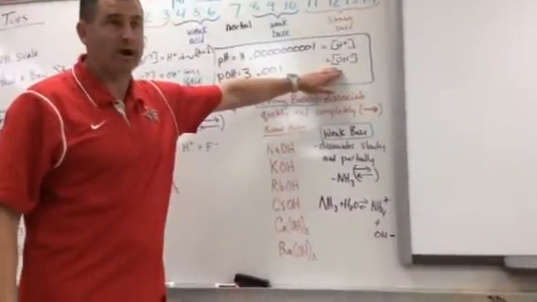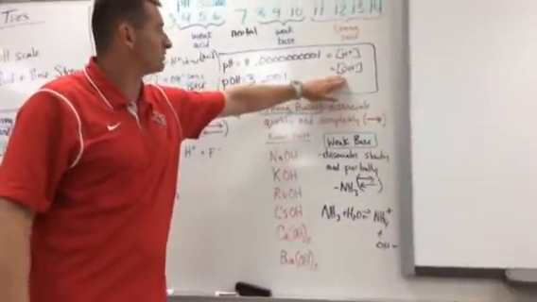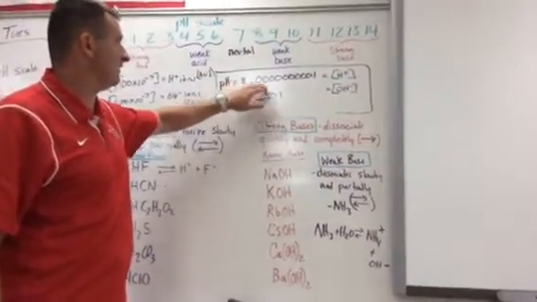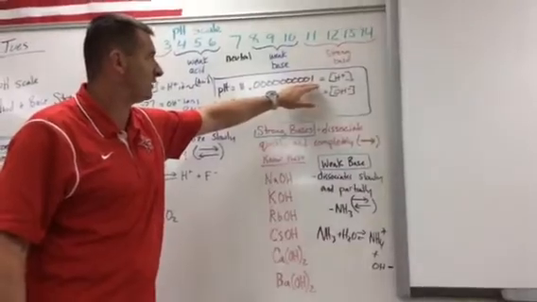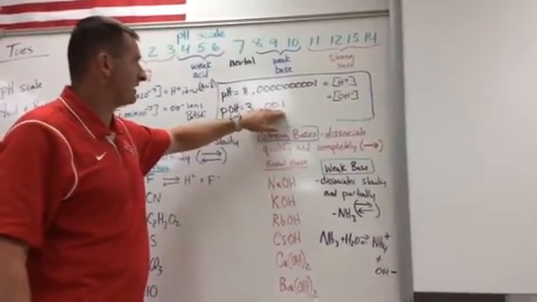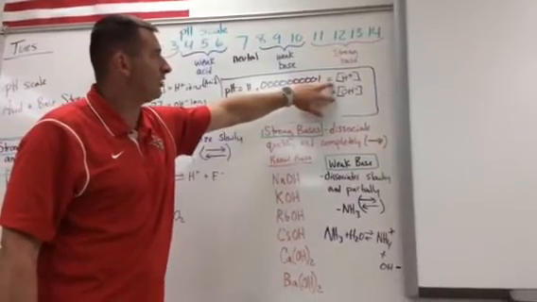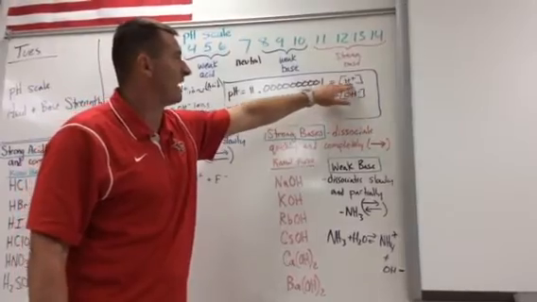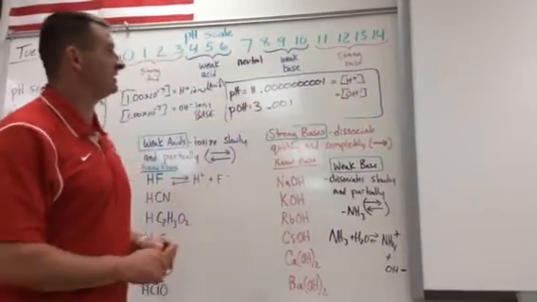There's more OH minus, right? So if there's more OH minus ions, then that is a base. Whichever one there's more of, if there's more OH concentration, that is a base. If there's more H plus concentration, that is an acid.